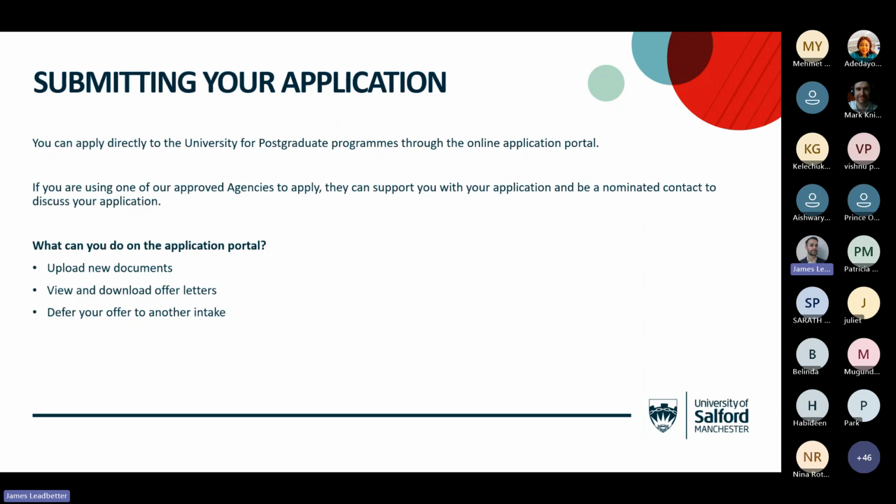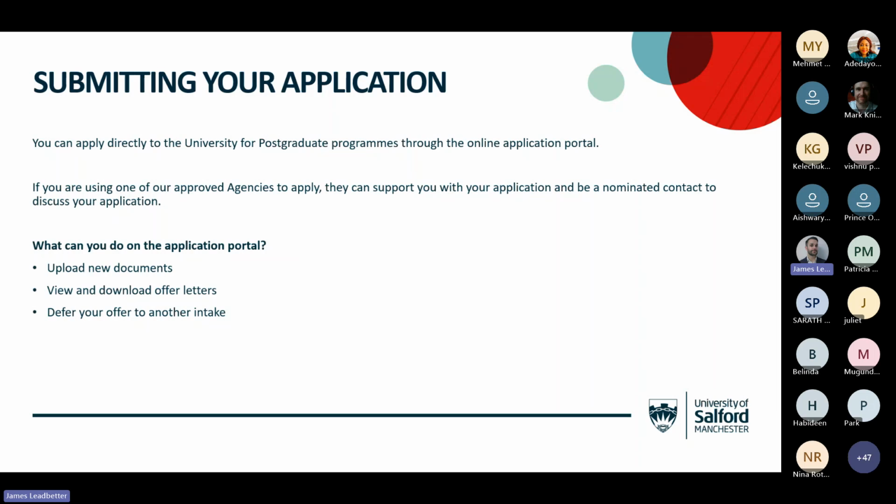If you want to find out if an agency is approved by the university, you can get in touch with the university and we're able to confirm who we work with. All of our agencies that we do work with have been vetted and approved by the university and are given regular training about our programs and processes. So you can trust that the approved agencies are ones that we work very closely with.